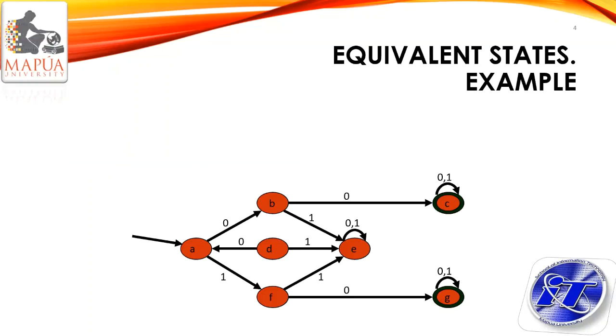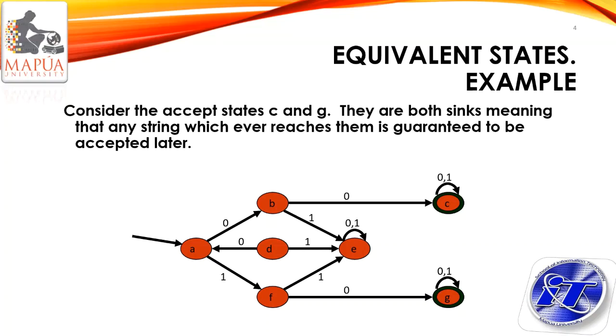Okay, so let's have this simple example. Let's consider C and G. How do they behave when they encounter 0, 1? They will just loop within themselves. Am I right? For C, 0, 1 loop within itself. G, loop within itself. And C and G are end states or final states.